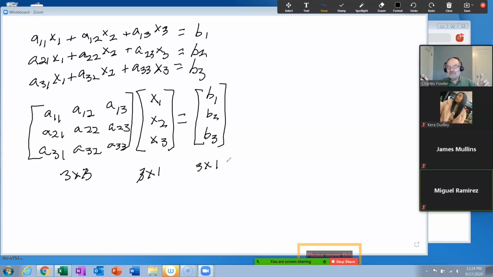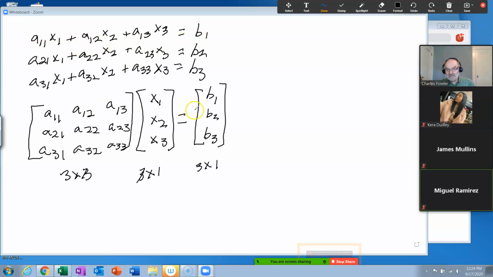Let's see if the elements are right. For the 1,1 element, we would do first row by first column. That would be A11 x1 plus A12 x2 plus A13 x3 equals B1. That's exactly what our first equation is.